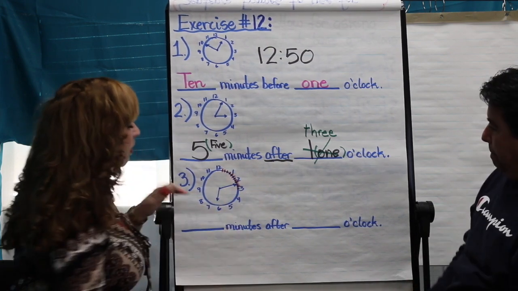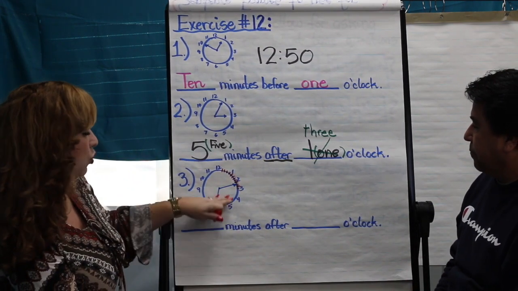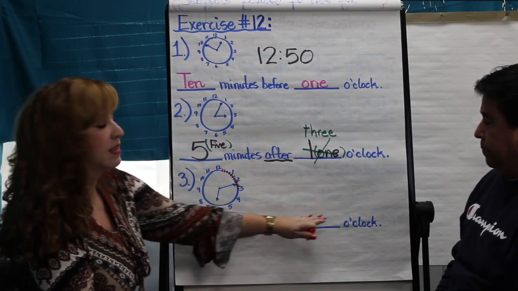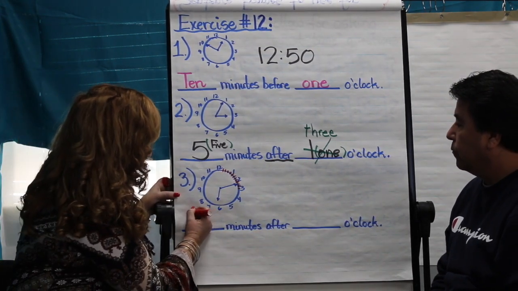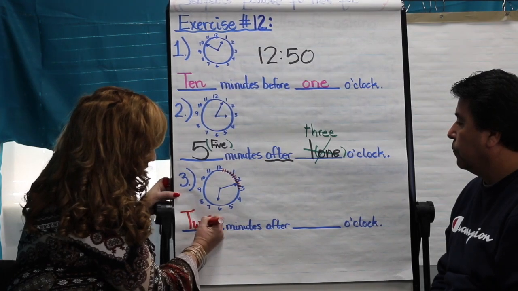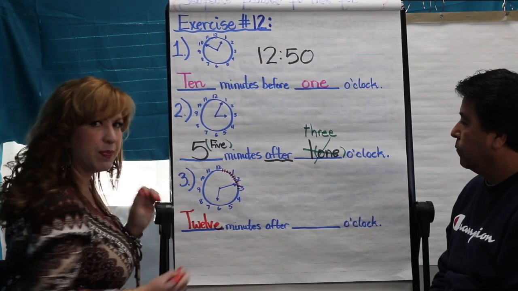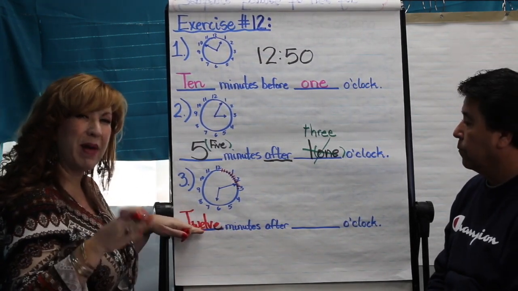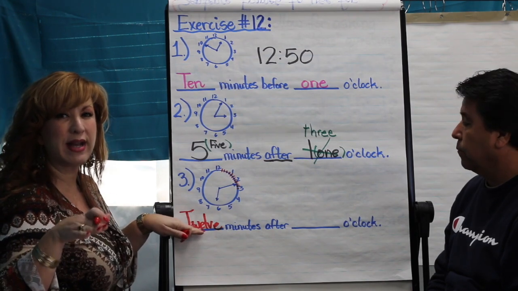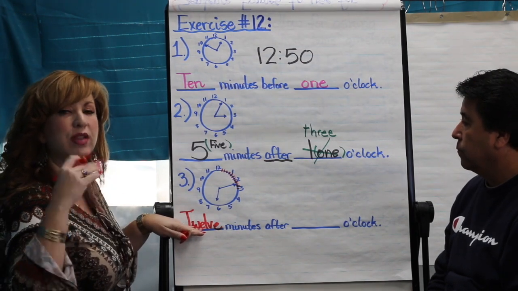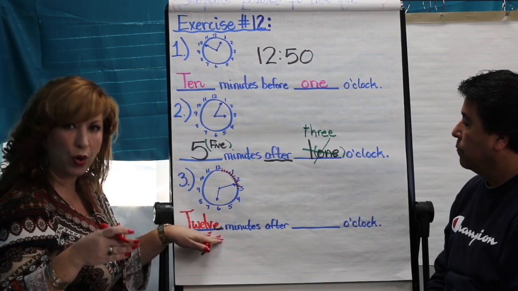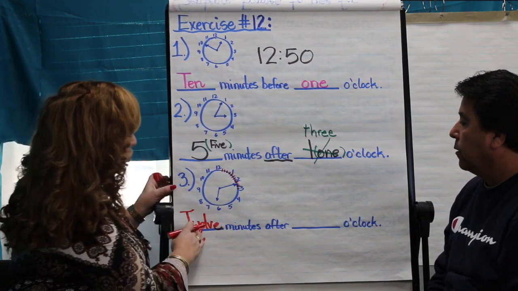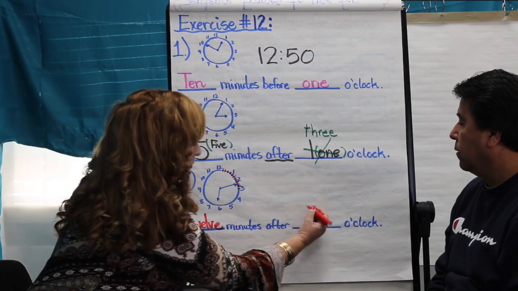So here it's about probably 12 minutes after 6 o'clock. Okay, so here I would put 12. And it is acceptable to write the number word. But for your practice right now that you're still getting used to the number words, it's better practice for you to write the number word. 12 minutes after.